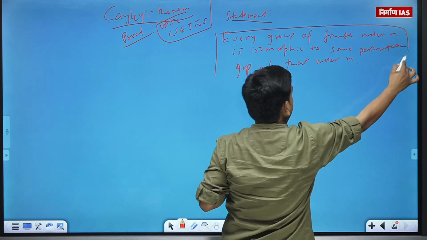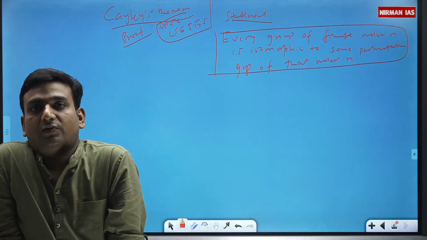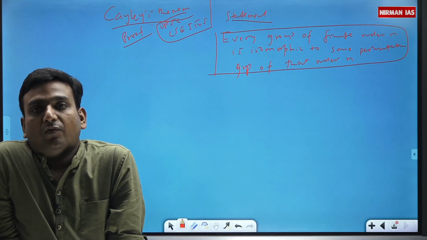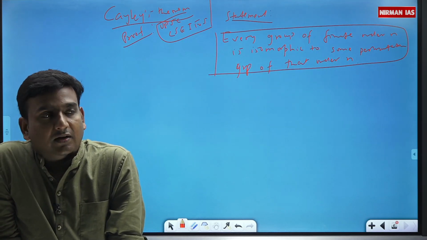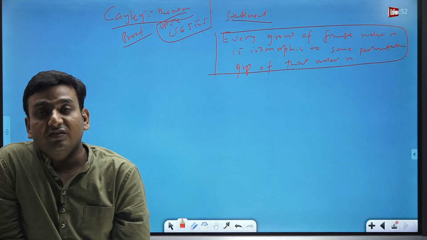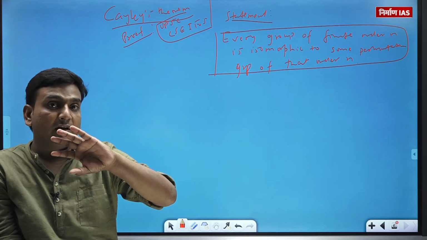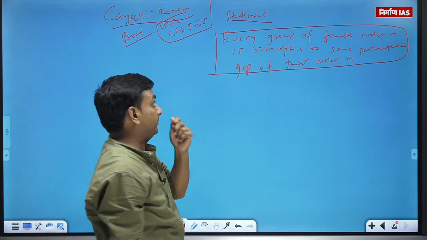This statement. The earlier statement was about cyclic groups: every cyclic group of order n is isomorphic to Zn. Whereas this statement does not include the cyclic property. This says in general, if you take any group, but it is talking about finite.